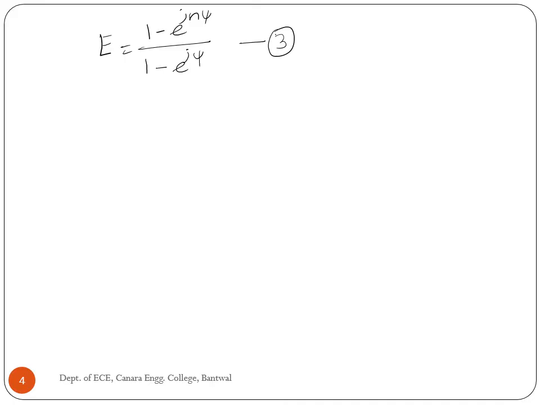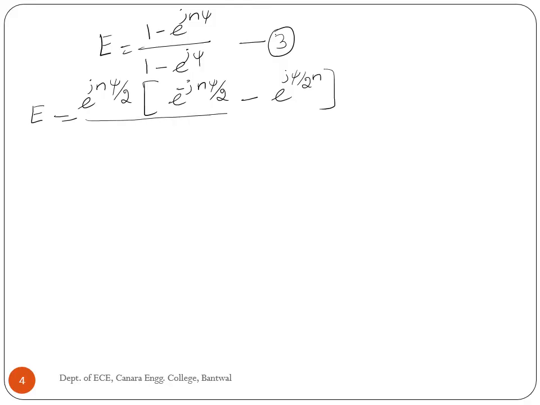The third equation I can write as E equal to e to the power j n xi by 2 inside e to the power minus j n xi by 2 minus e to the power j n xi by 2, divided by, in the denominator I can keep e to the power j xi by 2 outside, then inside the bracket I can write e to the power minus j xi by 2 minus e to the power j xi by 2.